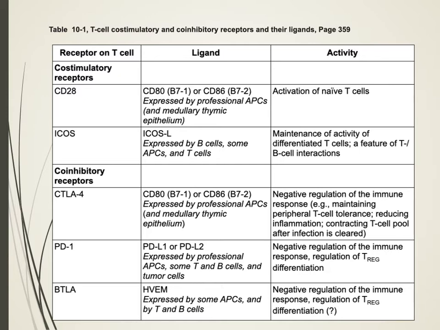You'll also notice that with the co-stimulatory receptors and the co-inhibitory receptors, they have shared ligands. So keep in mind that the ligands are going to be found on the antigen presenting cell. And so this allows for, like CD80 to be able to bind either to CD28 or to CTLA4. So, depending upon which one it binds, would end up giving you a different response, whether you get activation or inhibition of that.